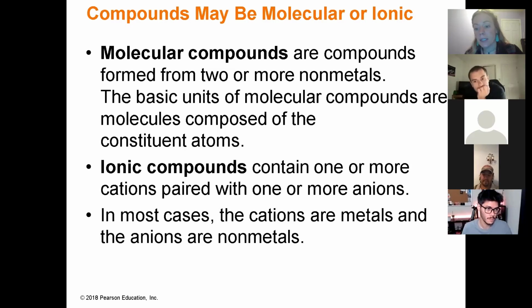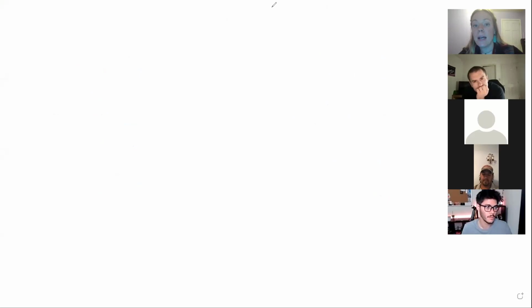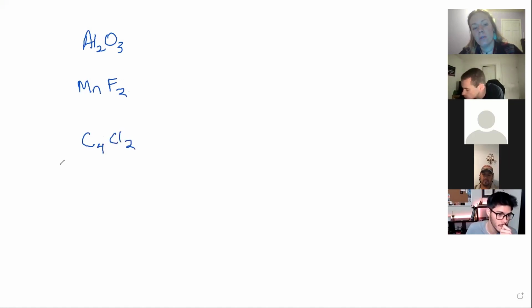Let's make up a couple here. And again, you don't need to name it. I just want you to tell me if it's ionic or molecular. So Al2O3, MnF2, C4Cl2.